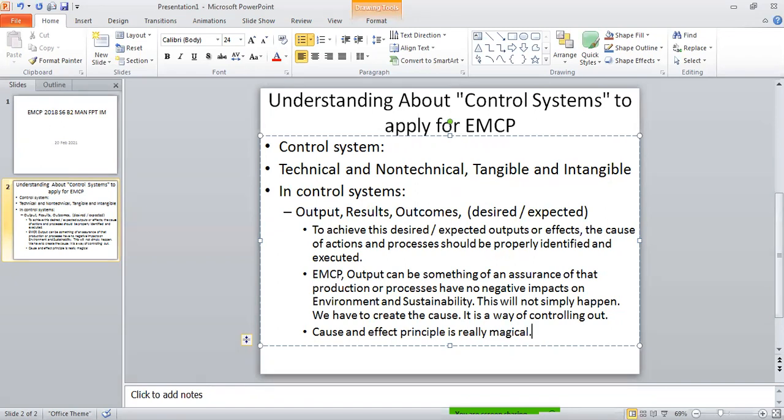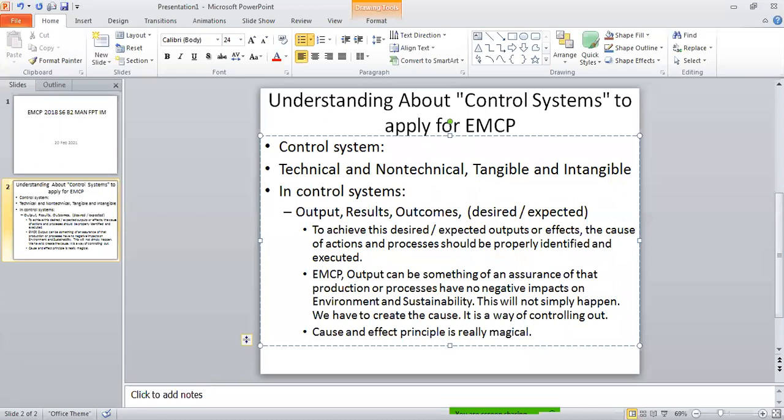Example, let's say creating the right cause. If you are working in your organizations, and if you are interested in contributing for safe environment and for sustainability, let's say if you just paste a post on your premises, expecting this EMCP positive outcomes.